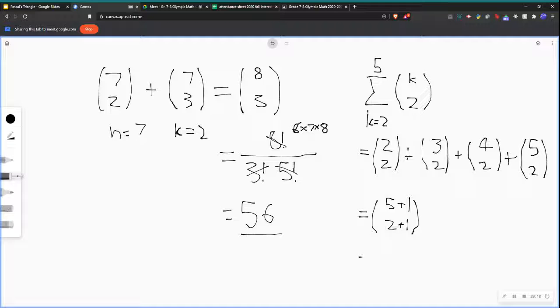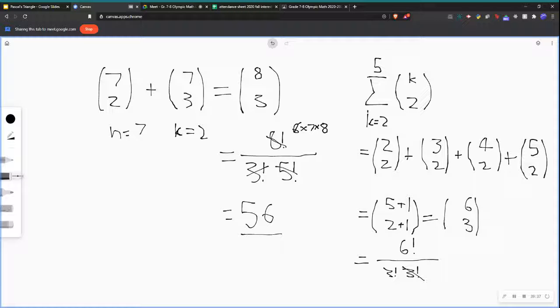So this is 6 choose 3. Let's write it down right here. And then if we expand that, we have 6 factorial divided by 3 factorial, and then another 3 factorial.